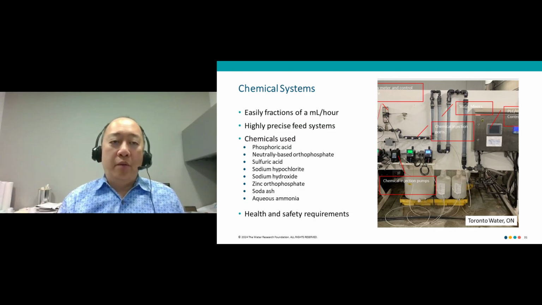And we are using a lot of chemicals sometimes: phosphoric acids, orthophosphates, sulfuric acids, sodium hypochlorite, hydroxides, and so forth. Besides the controls and the installation of the systems, a lot of consideration needs to be given to the health and safety requirements, both for equipment and footprint.